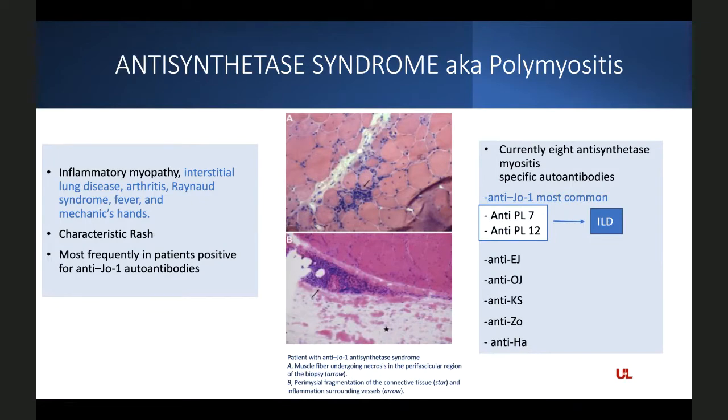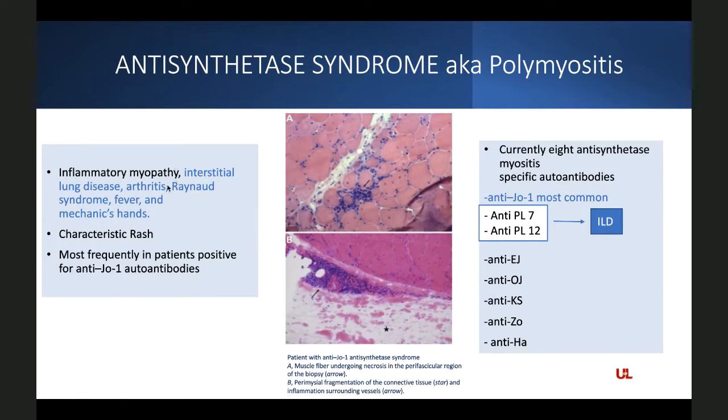Moving ahead, we have this antisynthetase syndrome, which was initially termed as polymyositis. So in this particular syndrome, you will have proximal weakness in upper and lower extremity, but also associated with this, you can see interstitial lung disease, which is very common as compared to dermatomyositis.